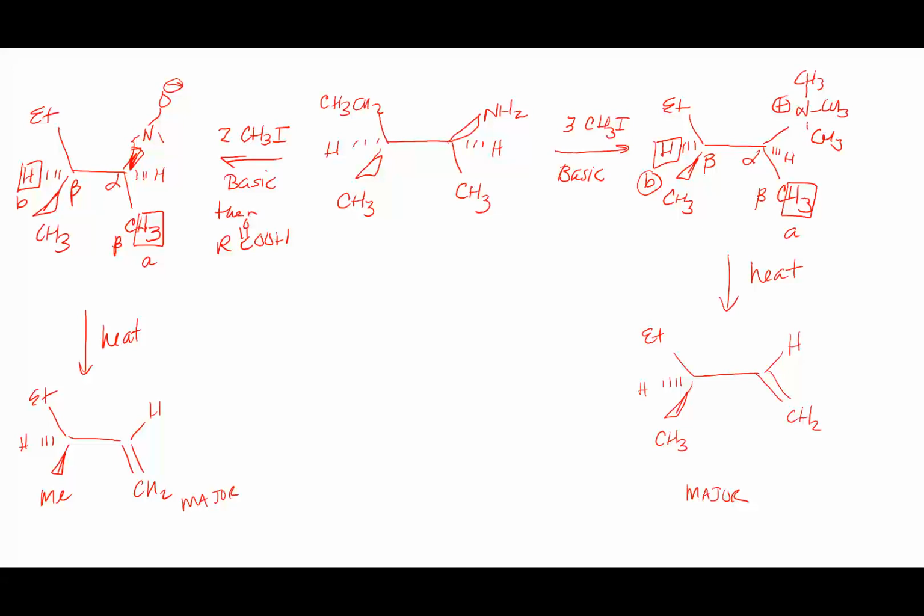So for the ammonium salt, which is Hoffman elimination, we know we're going to get a double bond to the beta carbon on the left, and I'm going to have 4 things attached to that.